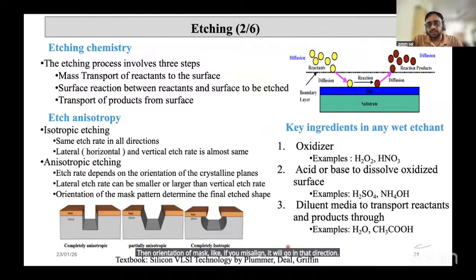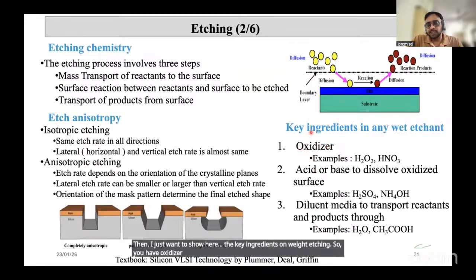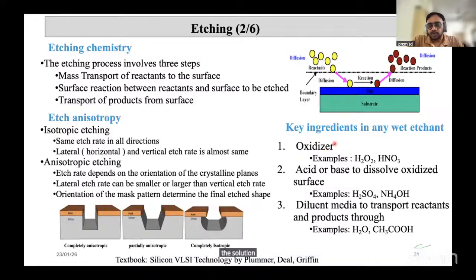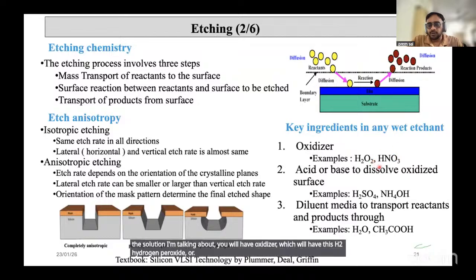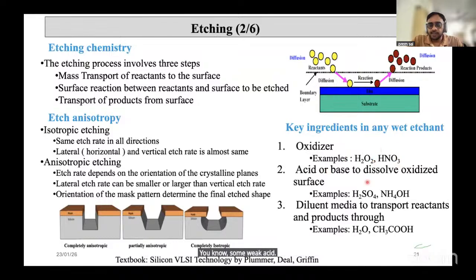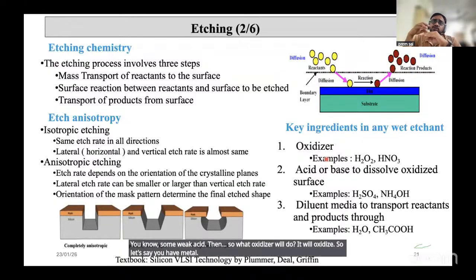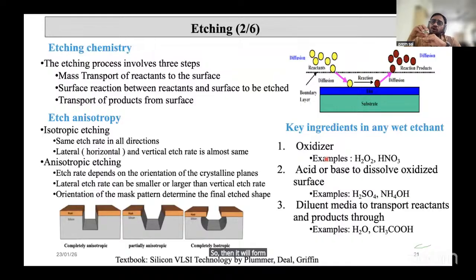Then I want to show the key ingredients in wet etching. The solution I'm talking about will have an oxidizer, such as hydrogen peroxide, or some weak acid. The oxidizer will oxidize. Let's say you have a metal; it will form its own oxide when it reacts. Then you need to remove that, so you need an acid or base, similar to RCA cleaning.